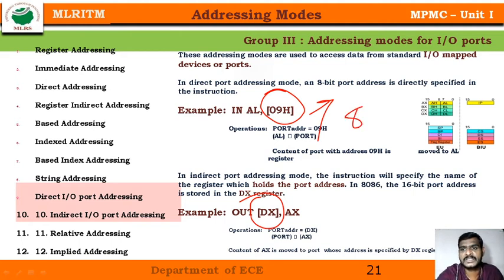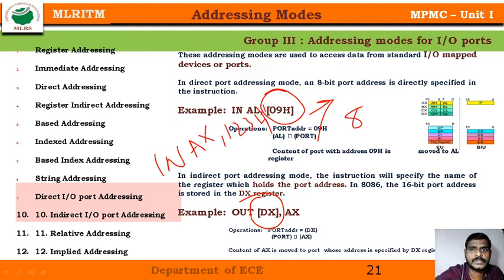Because I mentioned the destination register size as AL. Otherwise, if I want 16 bits, IN AX, 1234H, where 1234H is a 16-bit port address, whatever data is there moves to the AX. That is taking an input.